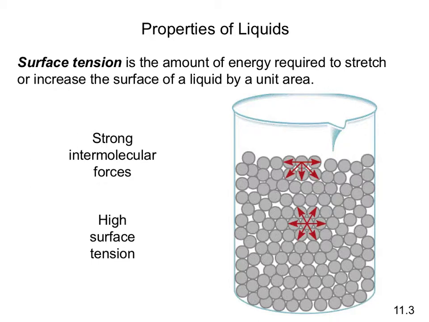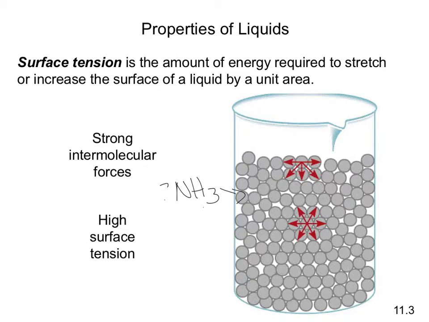Now, imagine, if you will, that we had, let's say, NH3. Would it have a high surface tension? Well, then you have to ask yourself, what kind of intermolecular forces does it have?